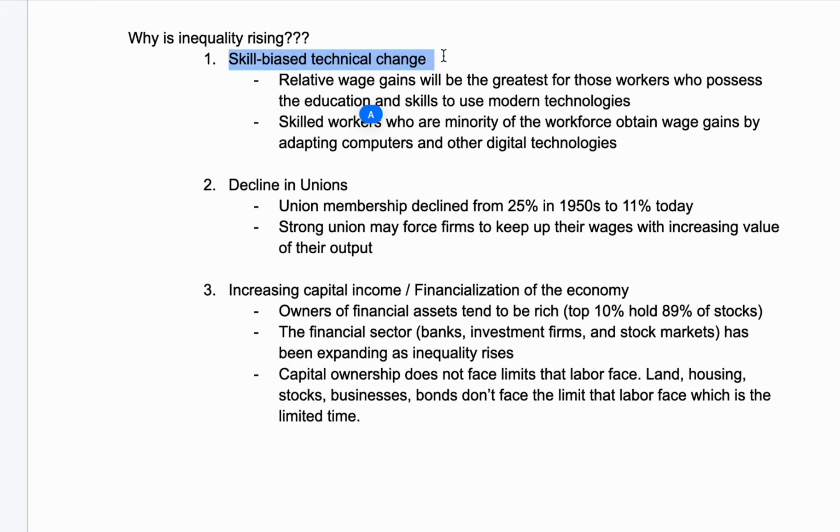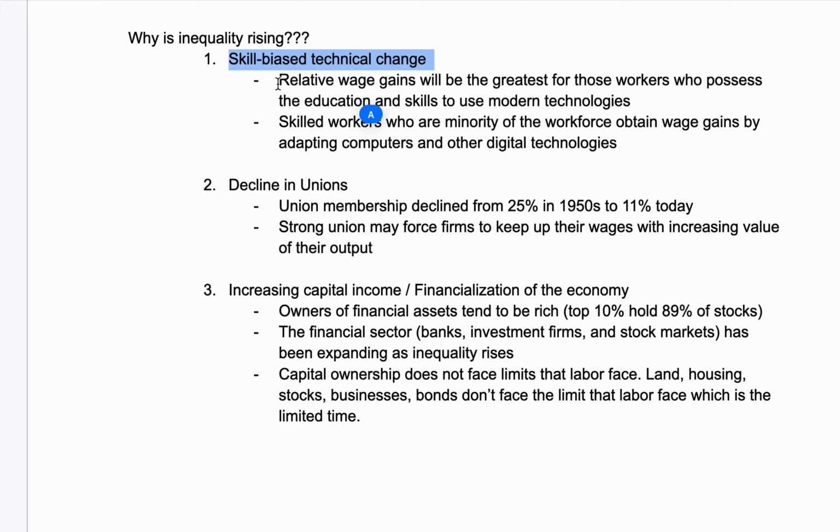So first of all, skill-biased technical change may explain why income distribution is becoming more uneven. Relative wage gains will be the greatest for those workers who possess the education and skills to use modern technology. We all know that technologies have been developing quite rapidly in the past decades, in the past half century. We have smartphones, computers, other technological devices.